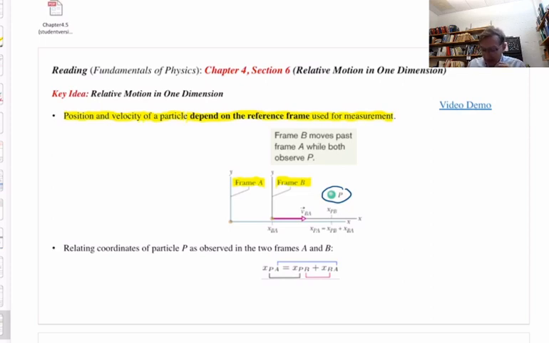Okay, now, the picture that's drawn here, well, the implication, I should say, is that the frames are moving relative to each other. Frames A and B are moving relative to each other.